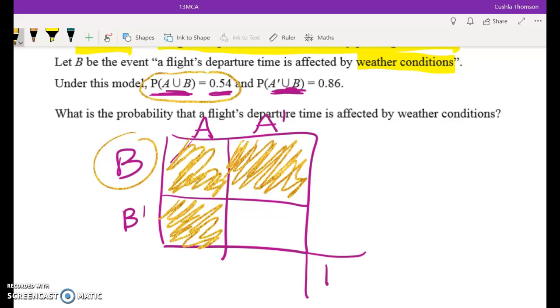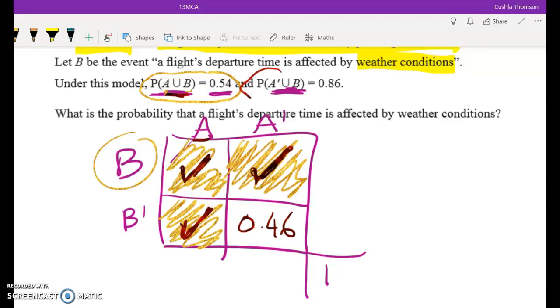This notation means A happens or B happens or both things happen. So in this cell, we've got B happening, but not A. So that's included. In this one, we've got both of them happening. So that's included in A or B. And in here, we've got A happening, but not B. So that's included. Now, if they all add up to 0.54, that means that this one is 0.46.